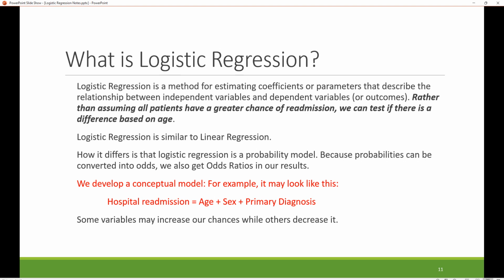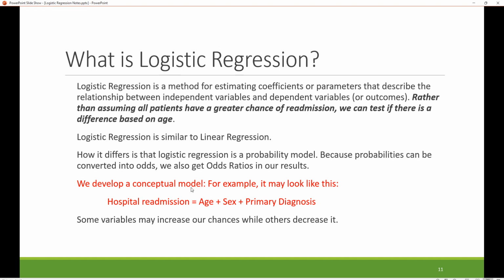We develop a conceptual model. For example, it may look like this. The probability of a hospital readmission is equal to a patient's age, their sex, and their primary diagnosis. Some variables may increase our chances while others decrease it.